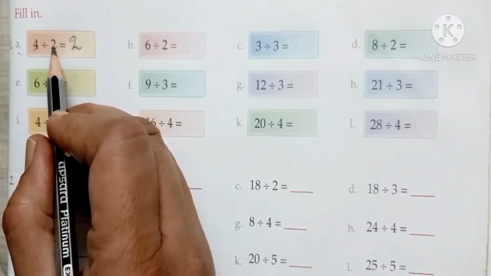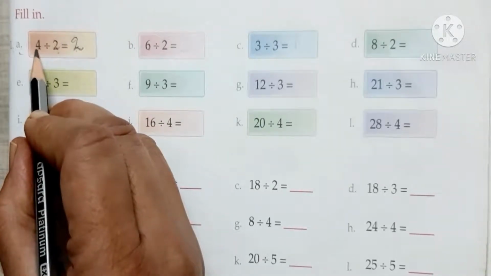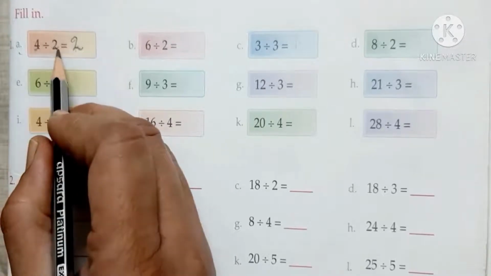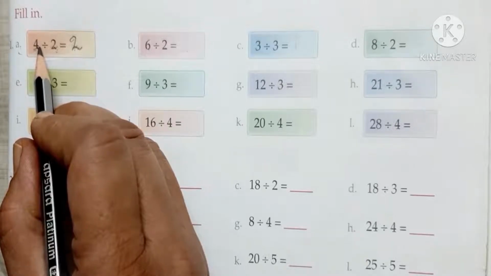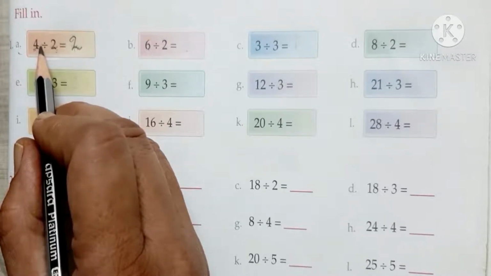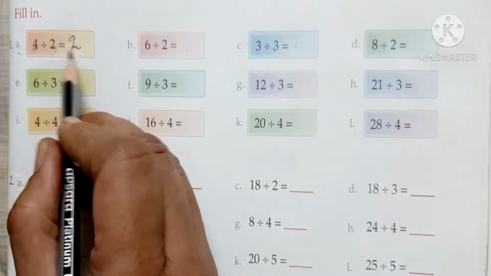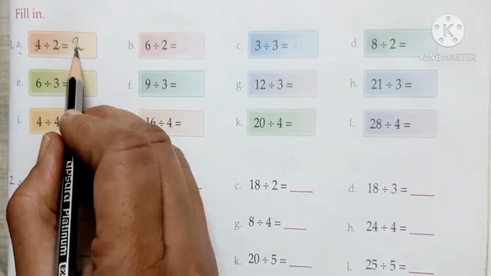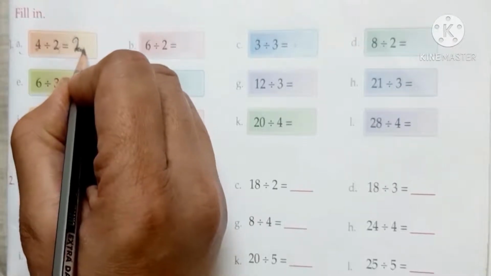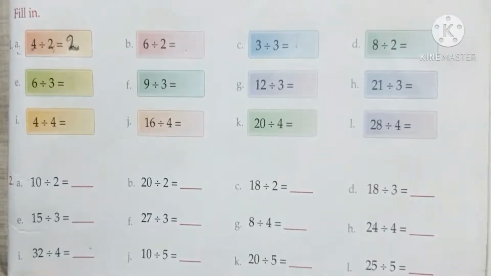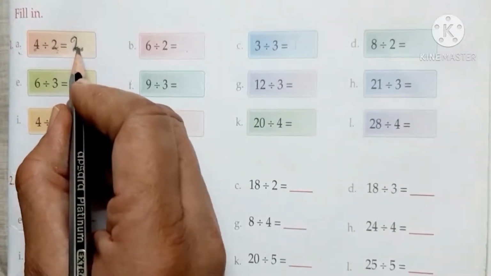Find out how many times 2 goes in 4. 2 1 is 2, 2 2s are 4. 2 goes in 4 2 times. So write 2 in the quotient place. 4 divided by 2 is equal to 2.